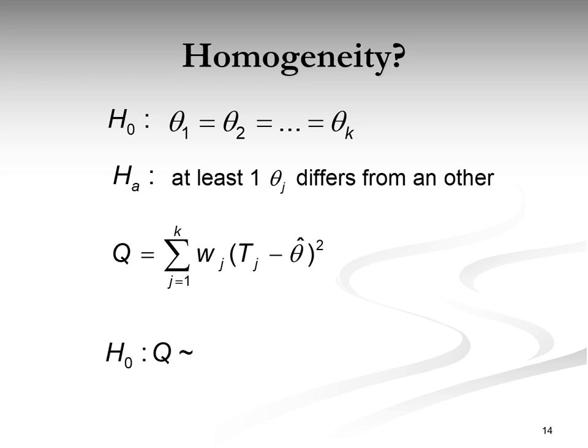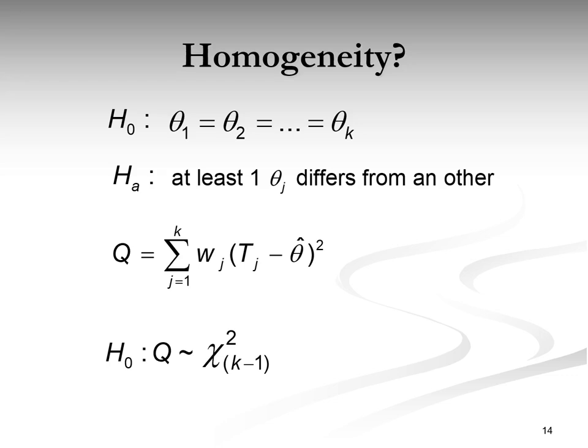It can be shown that under the null hypothesis that all population effect sizes are the same, the Q statistic will follow a chi-square distribution, a chi-square distribution with k-1 degrees of freedom. Note that k refers here to the number of studies or the number of effect sizes.